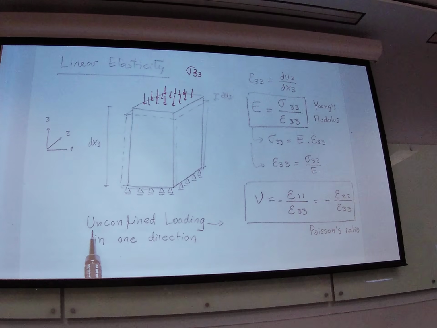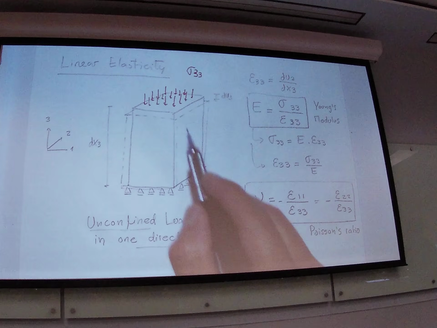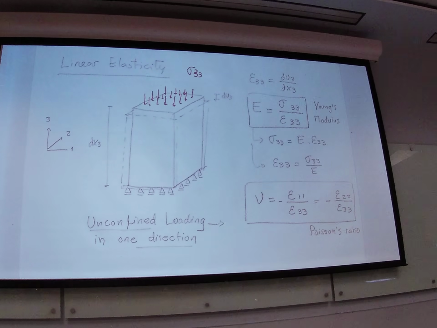That's what is called unconfined, because it expands in 1 and 2, and in one direction because we just have stress in one direction. That's how we define the Young modulus and the Poisson ratio. We're going to see later on that these are not the conditions in which we have rocks in the subsurface. So we have to use other parameters or a combination of these parameters in order to represent other processes that we're interested in.